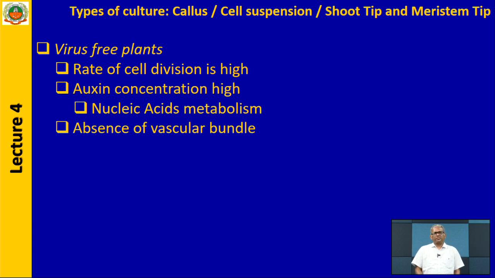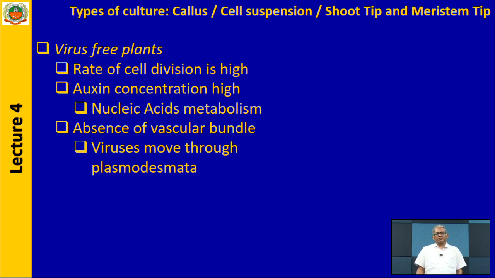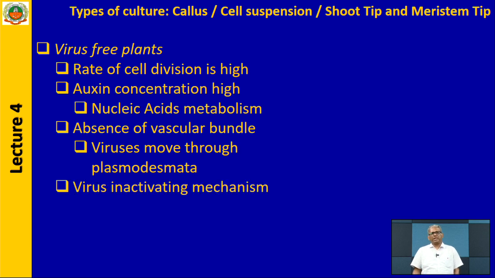On the other hand, all the cells in vegetative or well differentiated tissues are connected by plasmodesmata. So, these are some of the reasons why meristem tip culture is chosen for producing virus free plants. Also, it is hypothesized that some unknown mechanism for viral inhibition exists in the meristematic tissues.